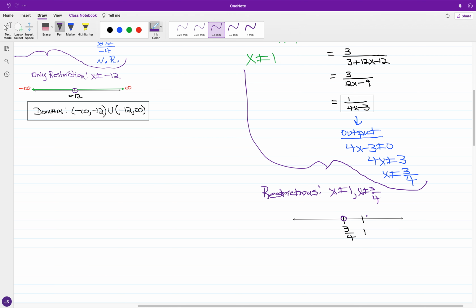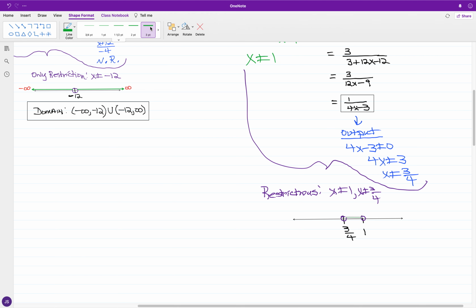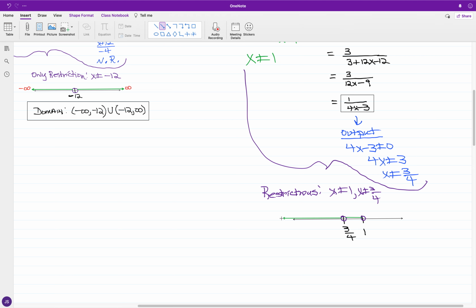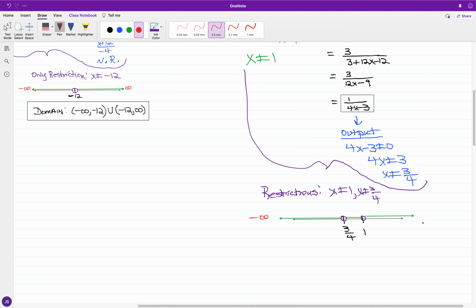Both of these values are excluded, so you have holes at those locations. And once again, you have rays going in opposite directions, and you have the continuities at the opposite extremes, negative and positive infinity being those extremes.